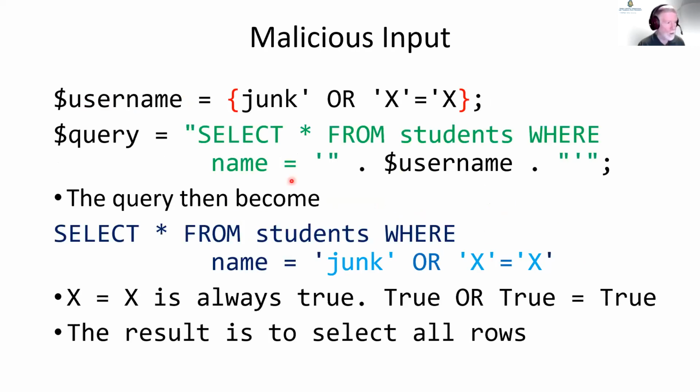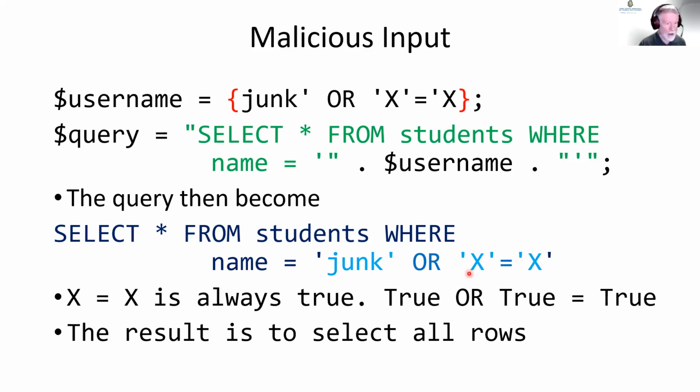So we go here, we're going to enter the word junk, a single quote, space, OR, quote x, quote equals quote x, no end quote. And then you concatenate that in here where you're supposed to put the name, and the query becomes select star from students where name equals 'junk' OR 'x' equals 'x'. Note that this first quote comes from the string and the last quote comes from the string. The other quotes I added.